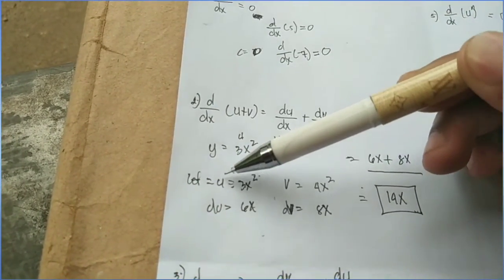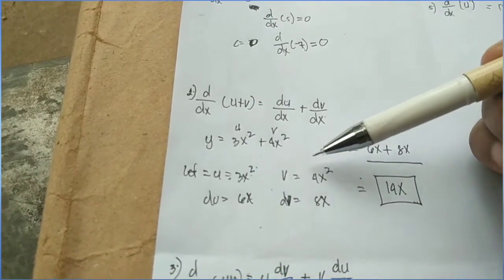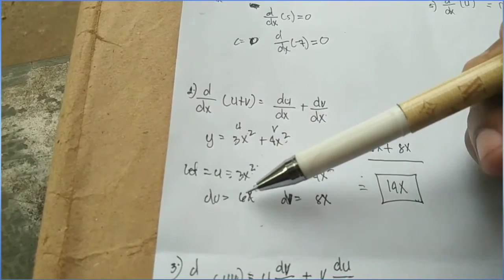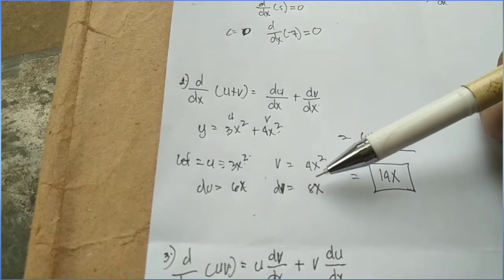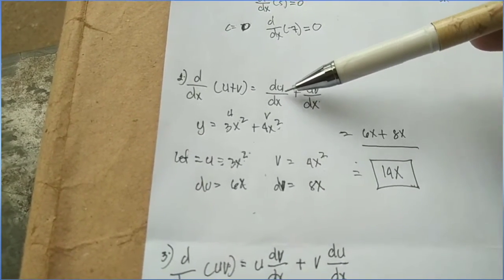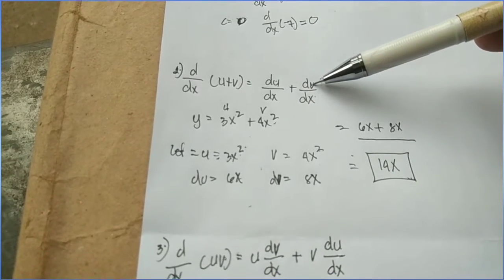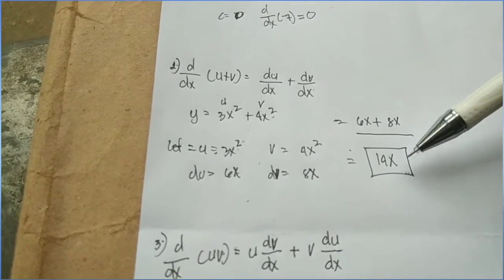Let u be 3x squared and v be 4x squared. The derivative of u is 6x and the derivative of v is 8x. So 6x plus 8x is equals to 14x.